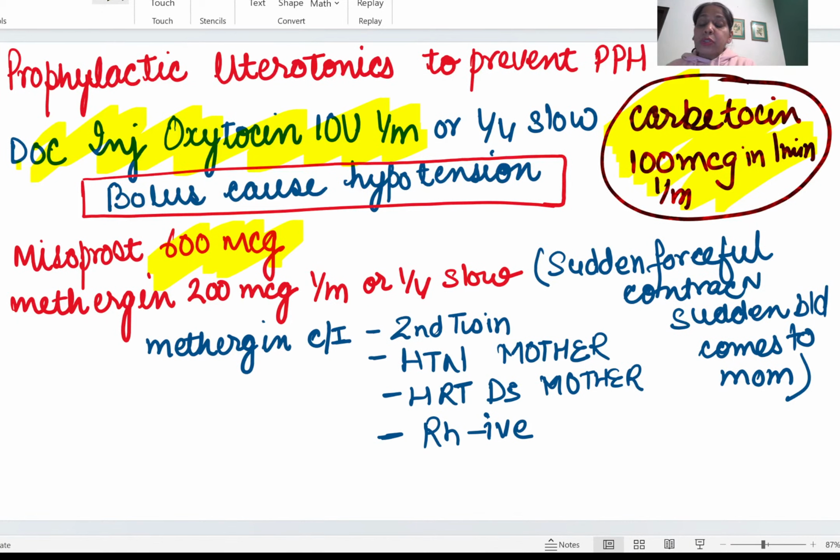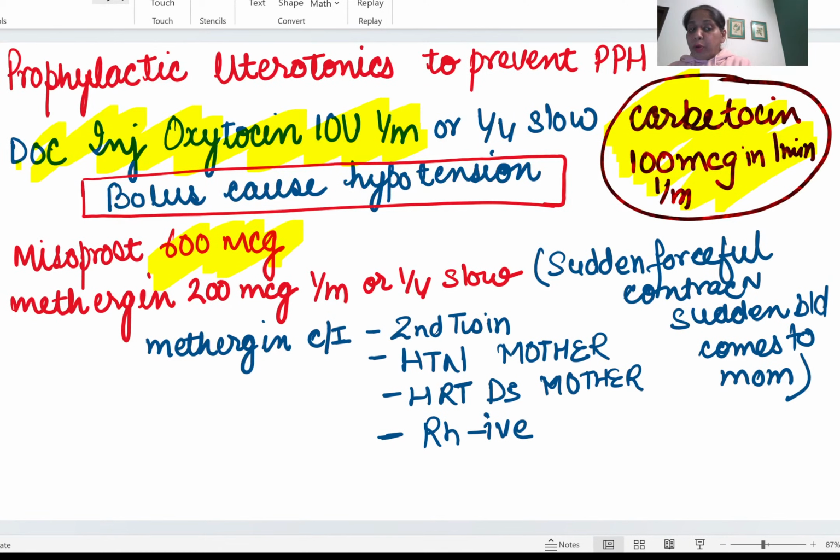It can also be dangerous if the patient has heart disease, because that sudden rise will increase cardiac output, and in the case of Rh negative, it will lead to increased transmission of the antibodies.